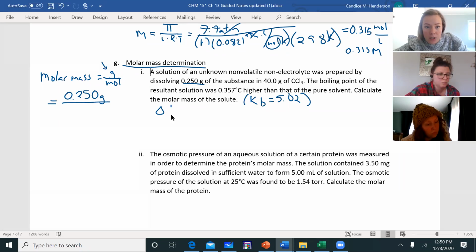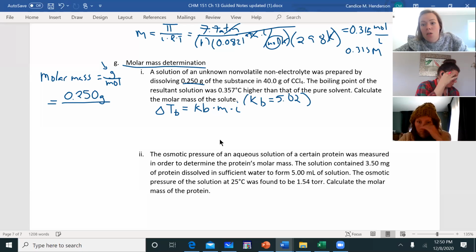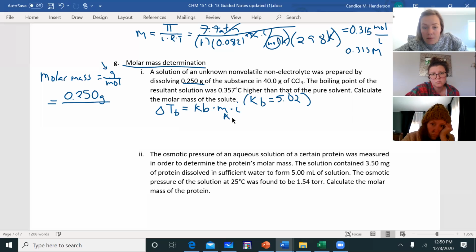So we're saying change in boiling temperature is equal to our Kb value times little m, which is molality, times i. So which one of these values has moles hidden in it? This thing right here. Because what is molality again?